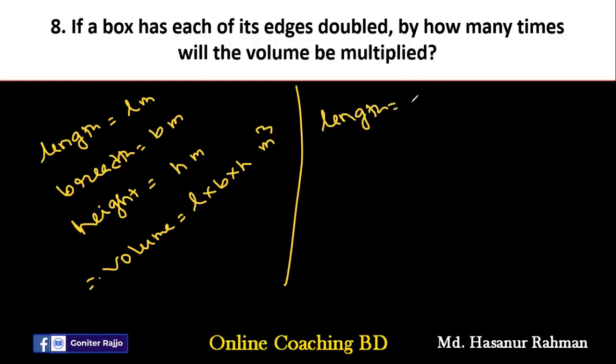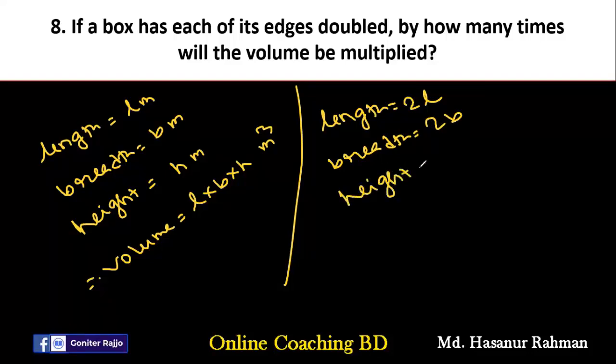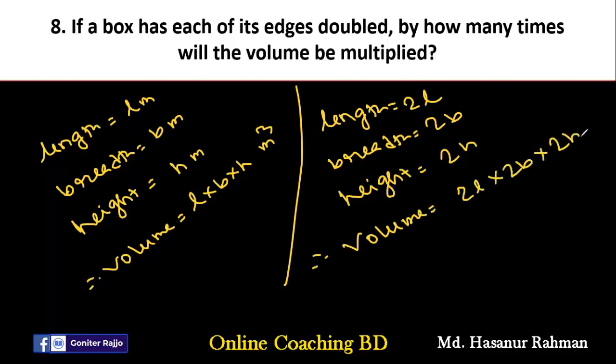After doubling, the length will be 2L meter. Am I right? The breadth will be 2B meter, and the height will be 2H meter. We're just doubling, nothing else. Then what will be the modified volume? The modified volume will be 2L multiplied by 2B multiplied by 2H.